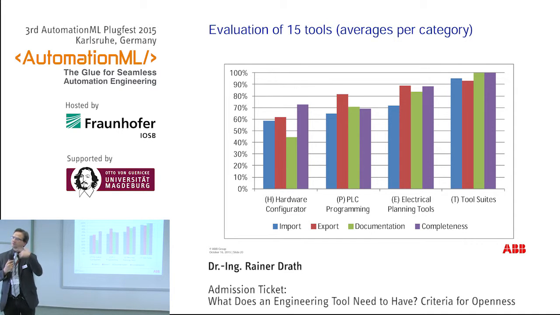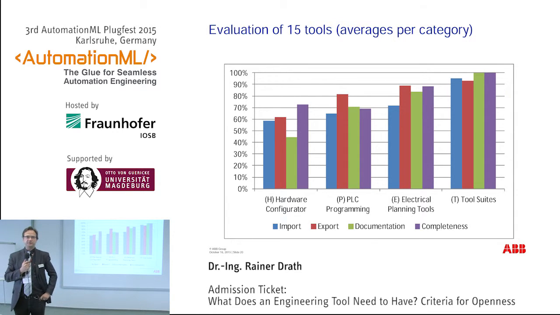From nature, this is understandable because tool suites already know that there are different domains where you need data exchange within the tool, so they are already aware that, for instance, an ID could be helpful. This is just an example.